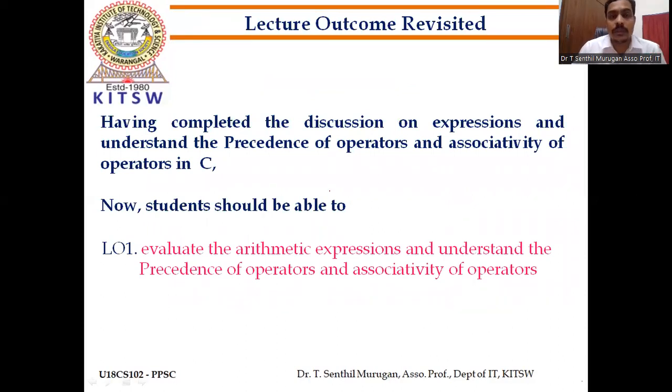Now we revisit the lecture outcome. Having completed the discussion on expressions and understood the precedence and associativity of operators in C, students should be able to evaluate arithmetic expressions. If I give any expression, you are able to evaluate it, and you know how to apply precedence and associativity when the same operators appear in the expression.